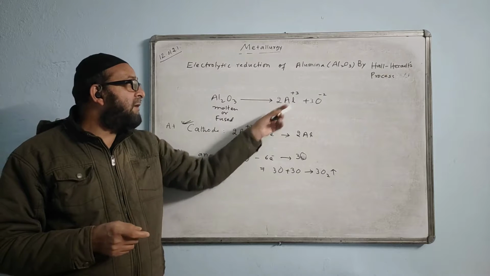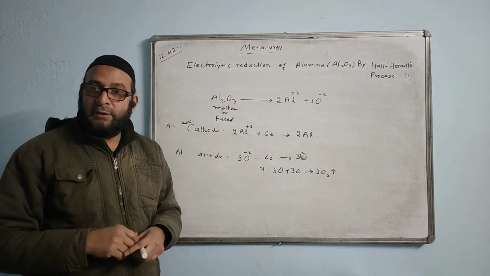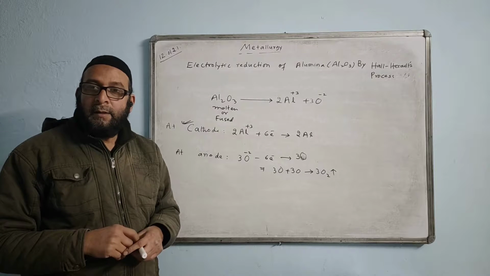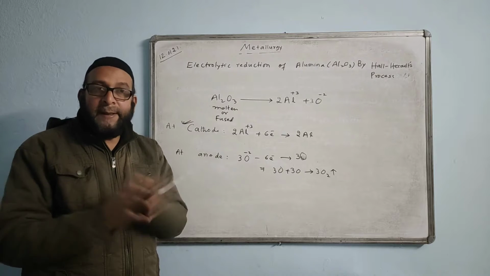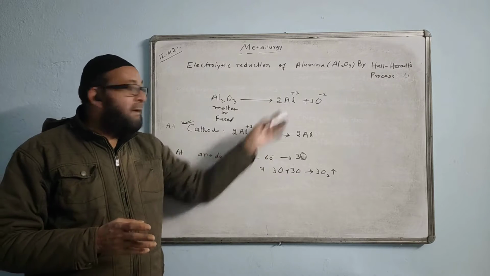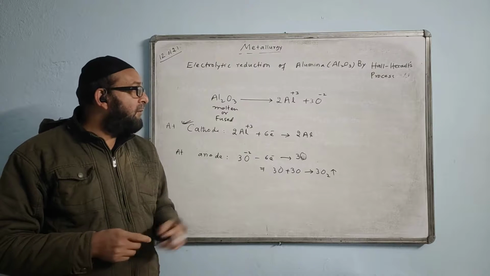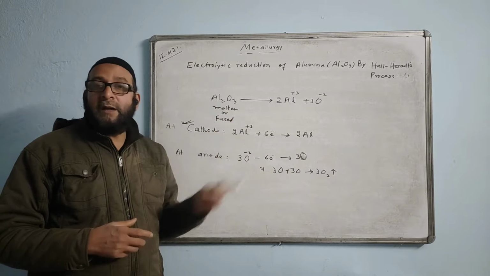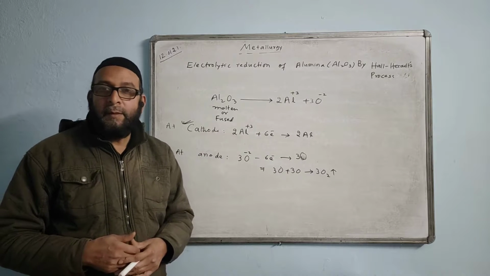That means the quantity of aluminium formed at the cathode will be very less. The process becomes expensive and inconvenient, rather. We are consuming a large amount of current and getting a very small quantity of aluminium.